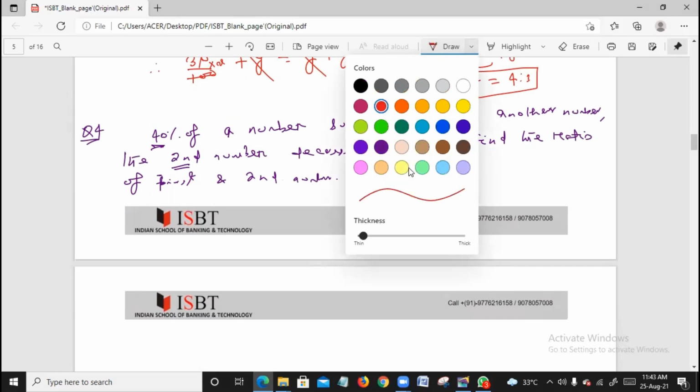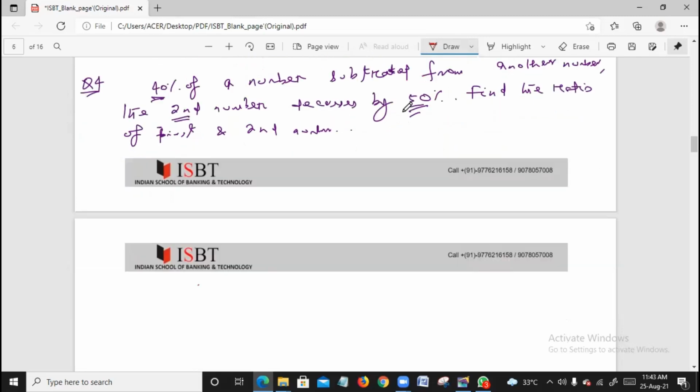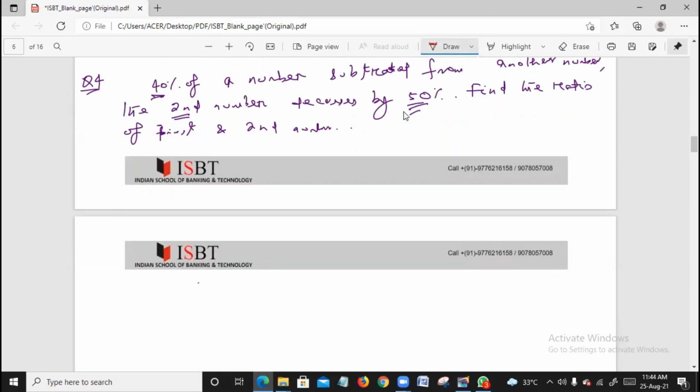Like this, we can take, let two numbers are x and y, respectively.